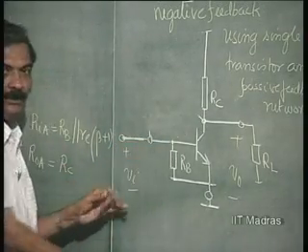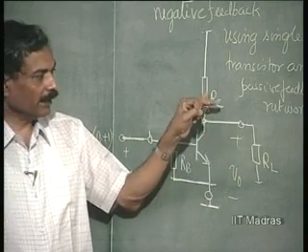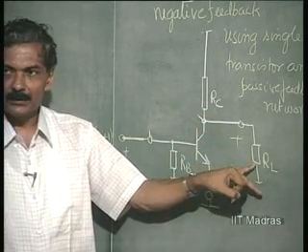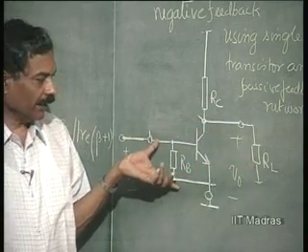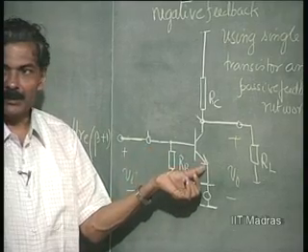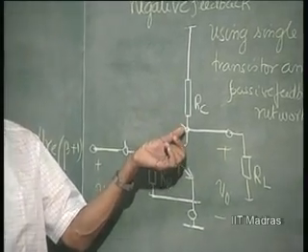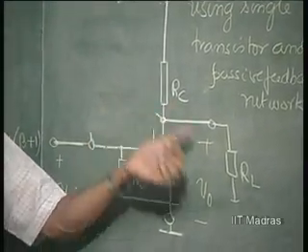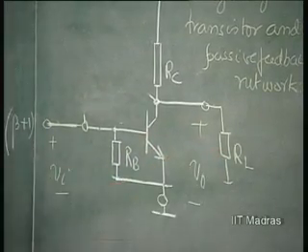Gain of this stage, if you have only Rc parallel RL as the load, this is Vi. Vi divided by Re is the emitter current, that into alpha is the collector current, that into Rc parallel RL is the output voltage with a negative sign.